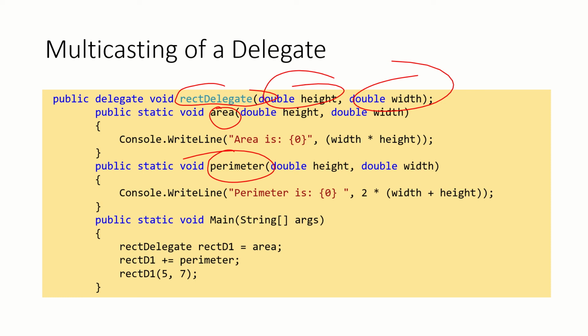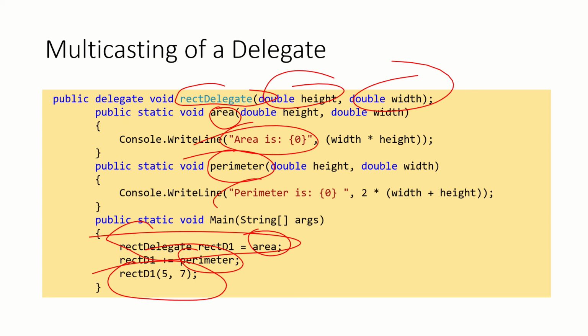If we can combine them together, something like this, we put two methods into this delegate. Then we use the same parameter. They will give us two different results. One is for the area, another is for the perimeter. Using only one call of the delegate, right?